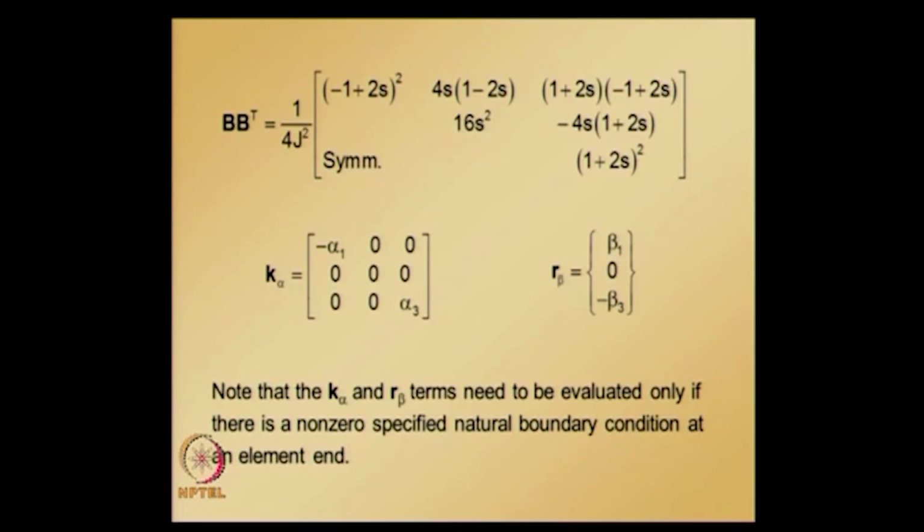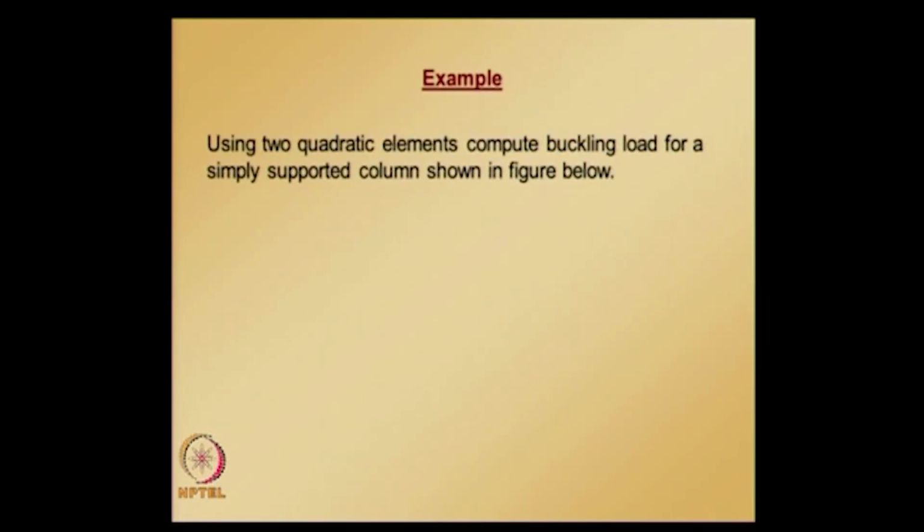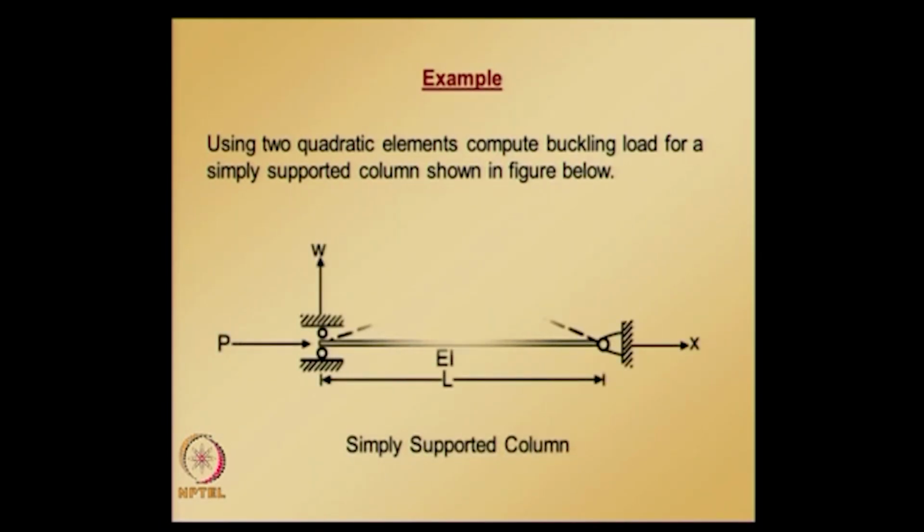So here we will be solving the same problem using 2 quadratic elements: compute the buckling load for the simply supported column shown in the figure below. We will be using the same number of nodes for discretization.